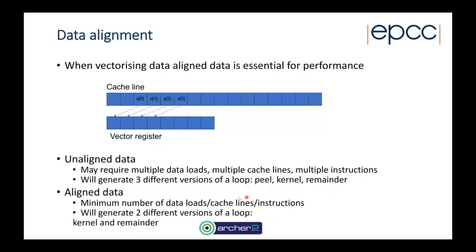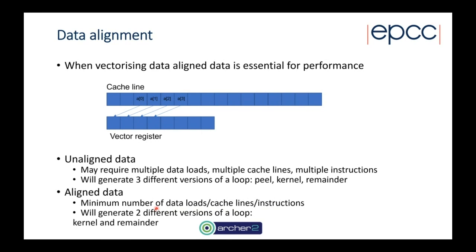So with unaligned data, we have this work to do to create this initial peel loop, which will have to do some non-vector instructions to start with. There's also the remainder loop at the end, which if we don't evenly divide, we'll also have to do a little bit of work. But if you align the data, we can get the minimum data loads, cache line loads, and instructions for the vectorization.